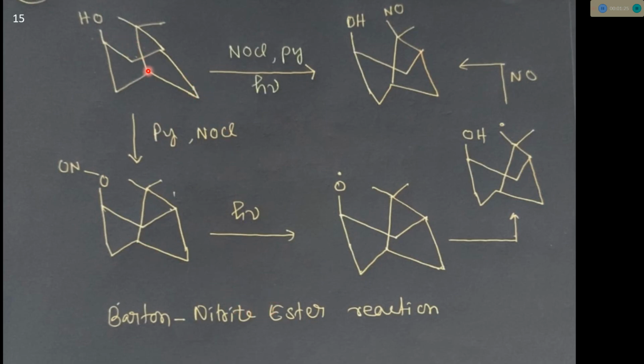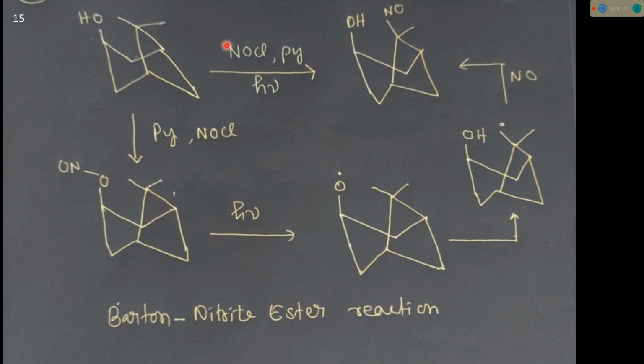So we know that normally the delta hydrogen, delta means this is alpha, beta, gamma, delta. In the Barton nitrite ester reaction, the NO group is attached at the delta hydrogen.